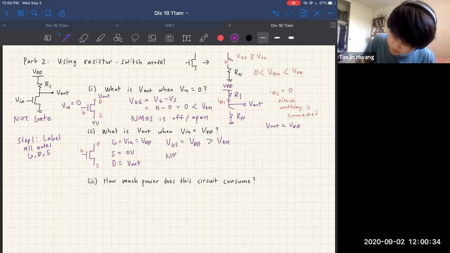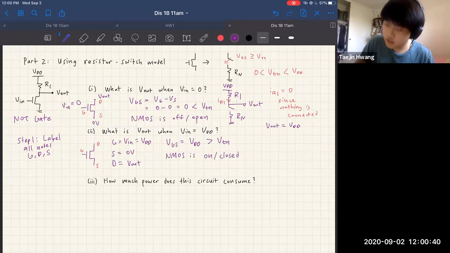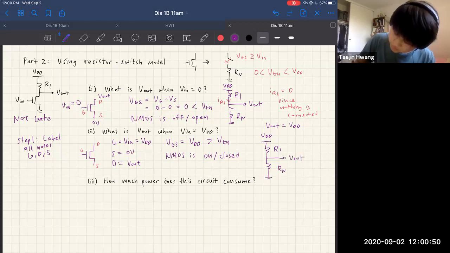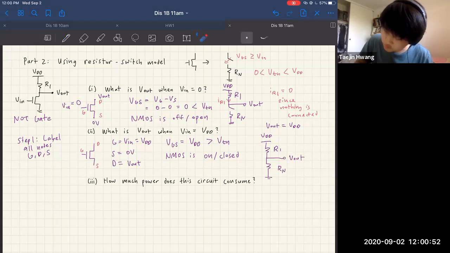So the NMOS is on, or closed. And this tells us that there in fact is some current flowing from drain to source here.